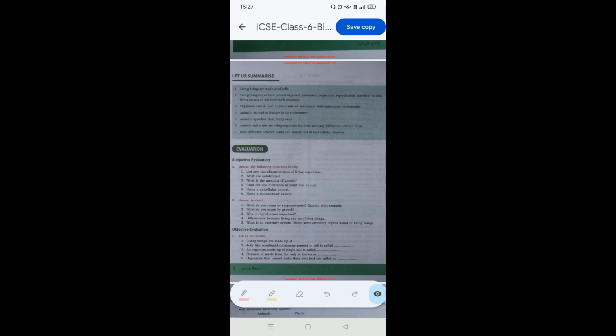Animals respond to changes in the environment. Animals reproduce their young ones. Animals and plants are living organisms, but there are many differences between them. The basic difference between plants and animals lies in their cellular structure. Now moving to the exercise part.